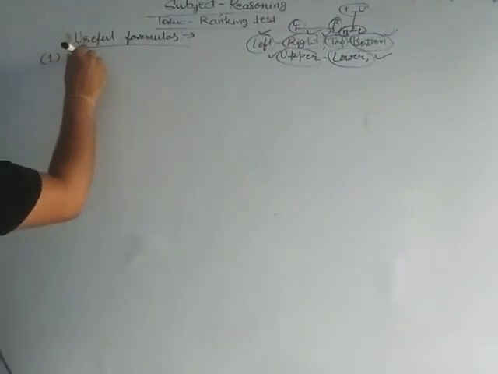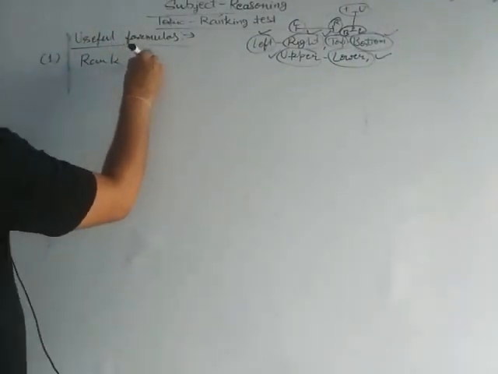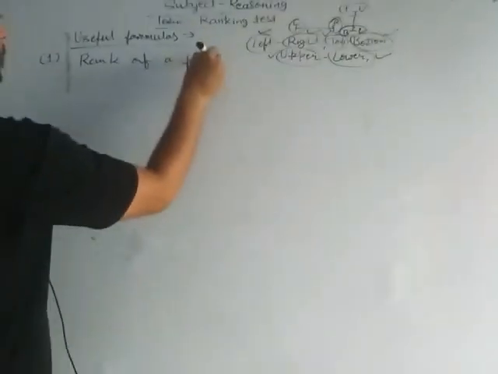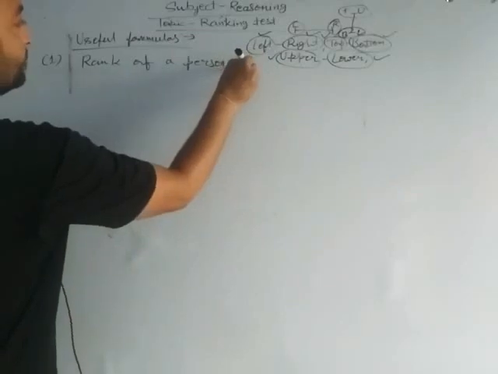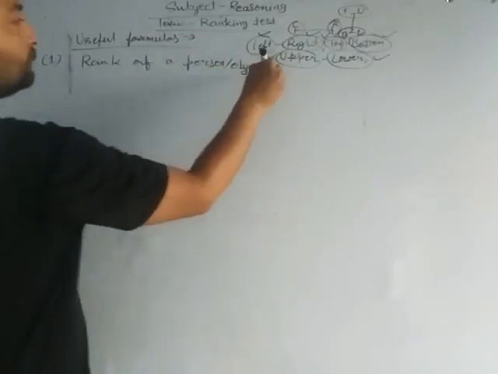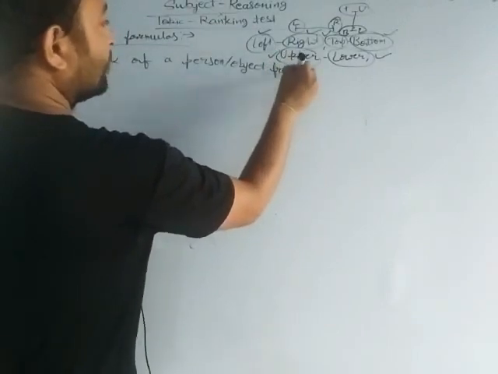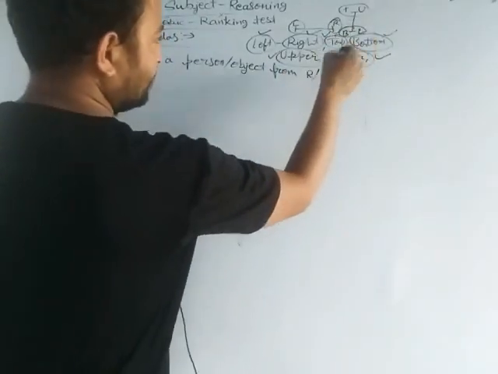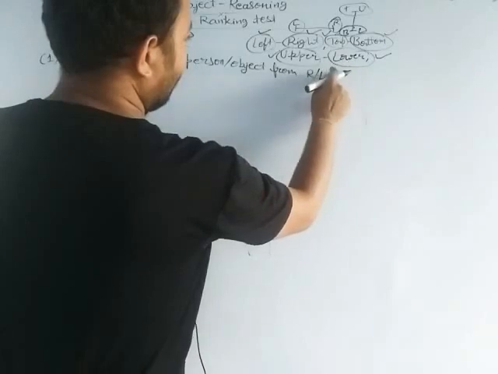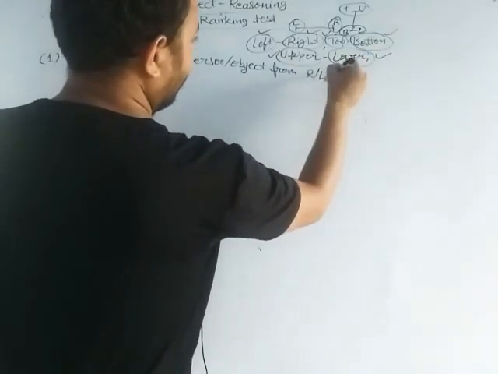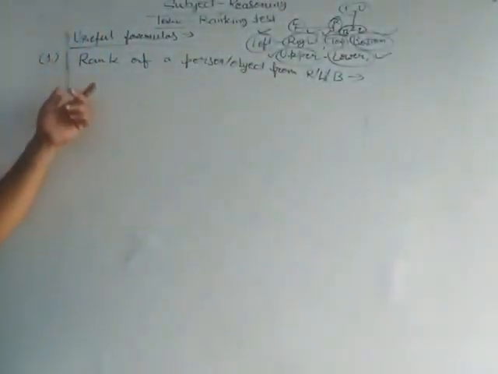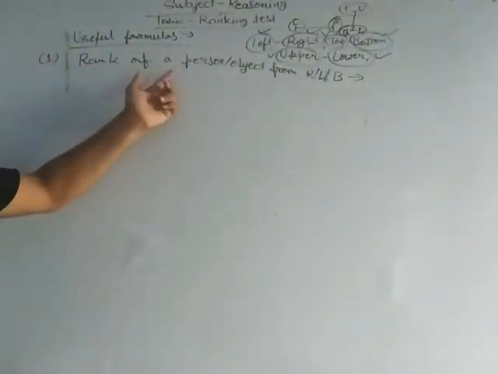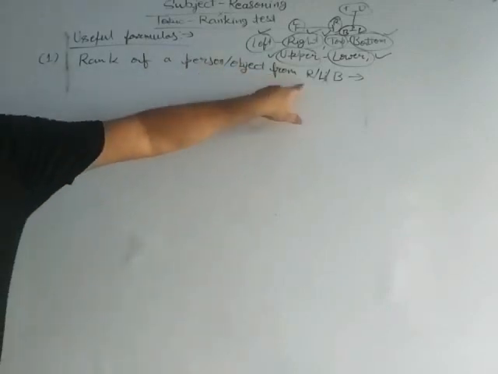If you are asked in a question the rank of a person or object from right, lower or bottom end, these are on one side.